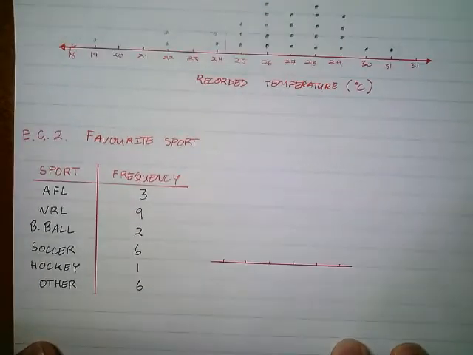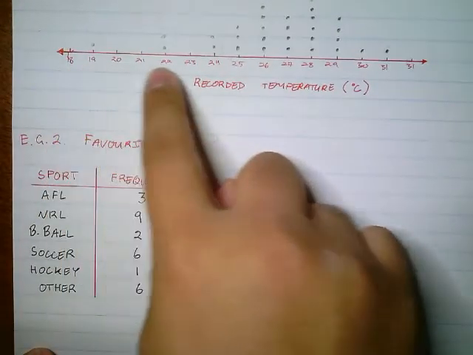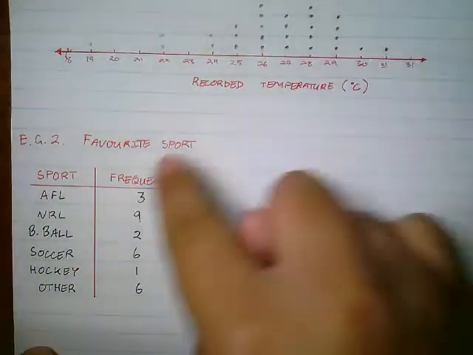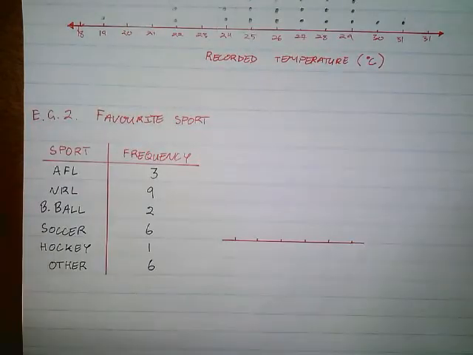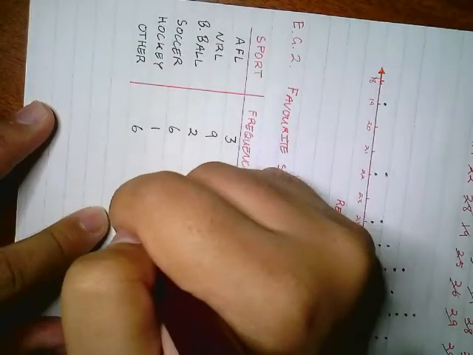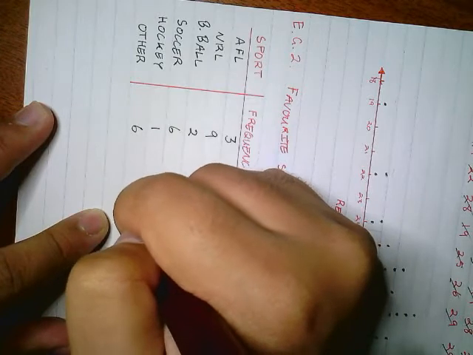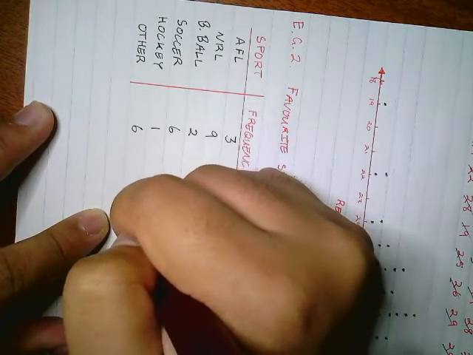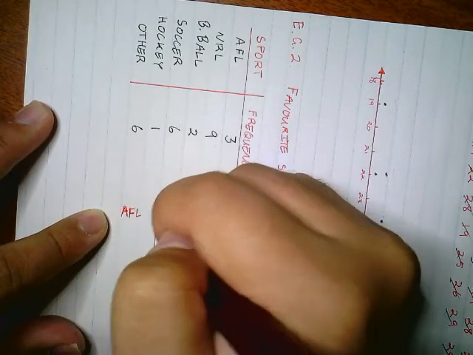If you're confused about that, number lines indicate numbers. So let's put these sports in now. Let's have it here a little bit to the side so we can have some more room. We have AFL as the first one.